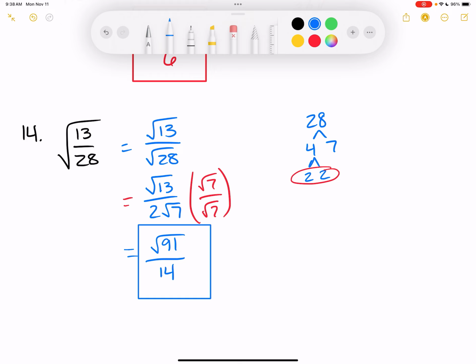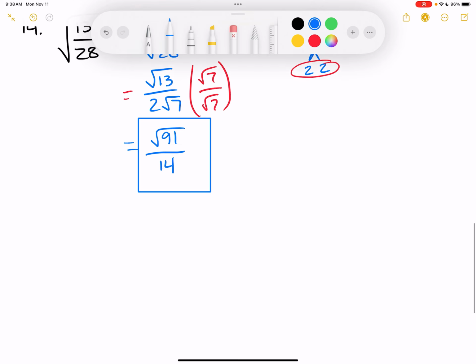Now we get into some that are a little bit more difficult. Number 16: 1 over 5 plus the square root of 6. There's a problem here, because I have a radical on the bottom. But what's going to happen if I just multiply by the square root of 6 over the square root of 6?